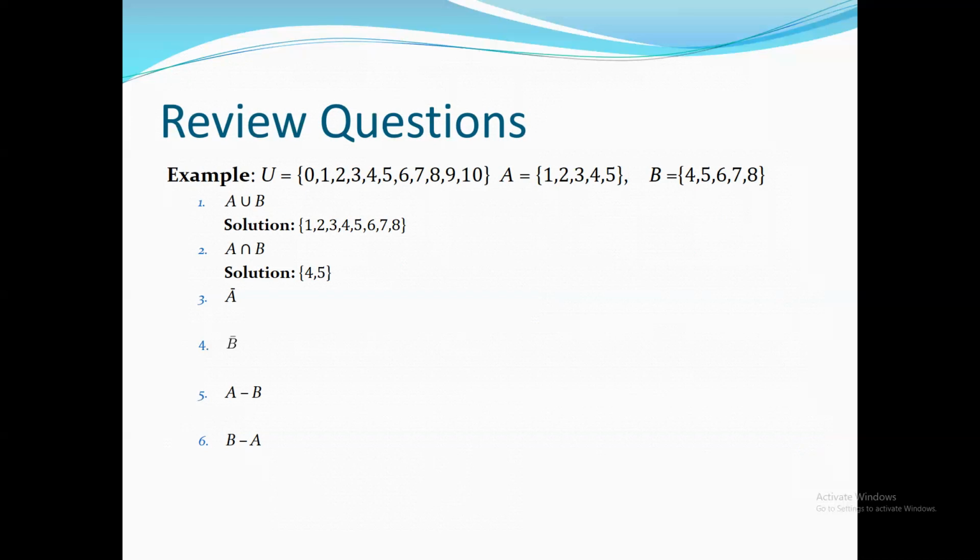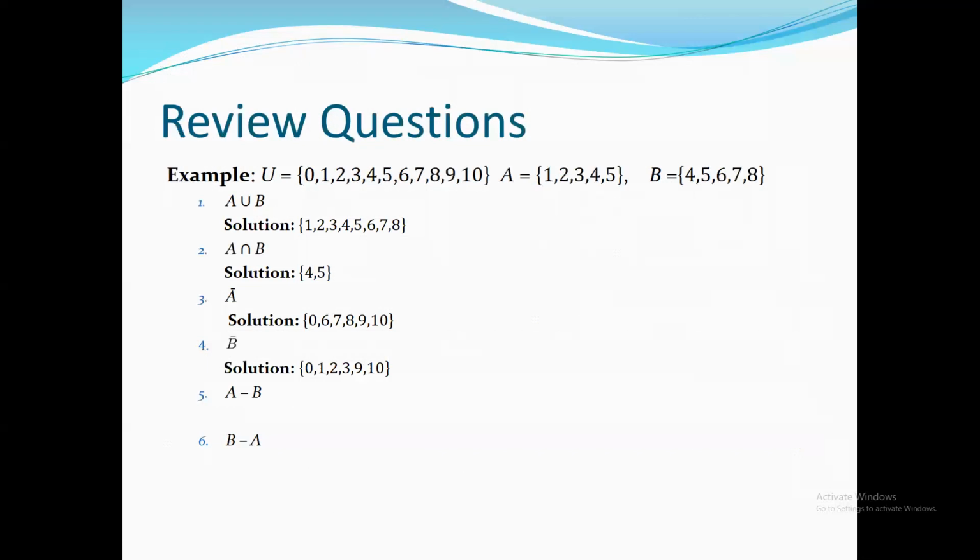A complement is basically all the elements from the universal set except A. So that will be 0, 6, 7, 8, 9, 10, since 1 is in A. So what is B complement? B complement would be 0, 1, 2, 3, then 9 and 10, isn't it?